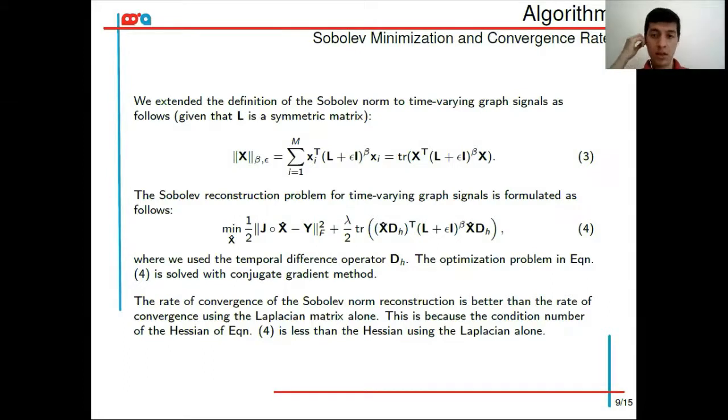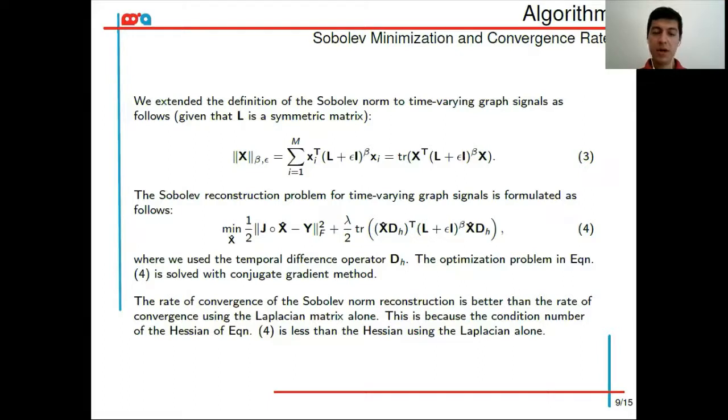Basically, we have the trace of this function, and this comes from the sum of all the Sobolev norms for each graph signal. And basically, the Sobolev reconstruction problem for time-varying graph signals is formulated in equation 4.